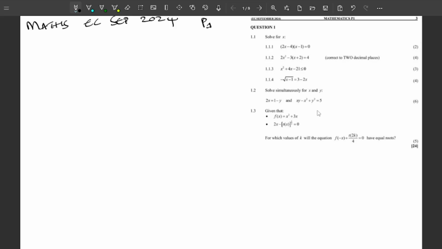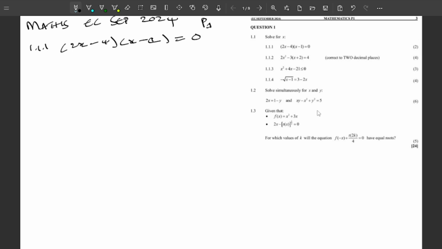Right, so the first question, which is 1.1.1, is solve for x. Right? So we have (2x minus 4)(x minus 1) equals 0.